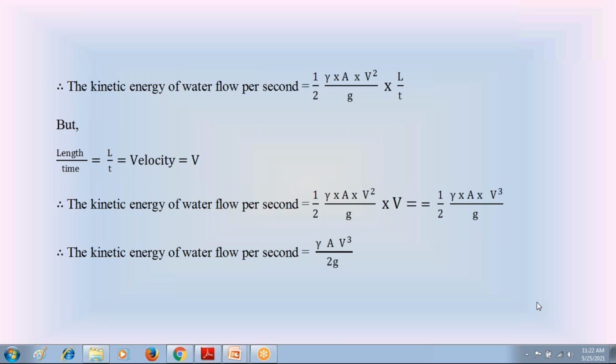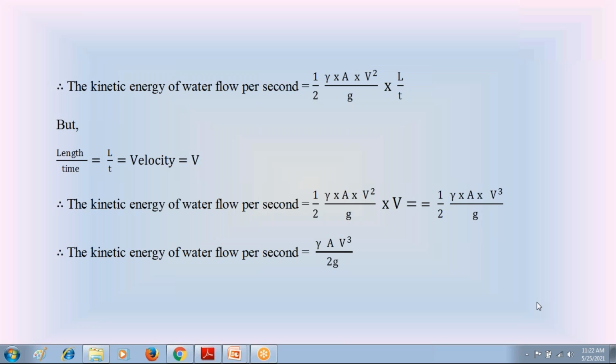Whereas between the mass and weight, W is equal to mass into acceleration due to gravity. So that is the relation between the mass, weight, density, unit weight and volume of body.